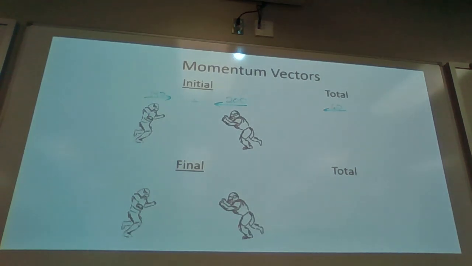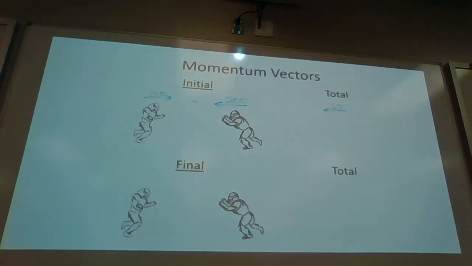Okay. Now, before we jump to the next conclusion about the final momentum total after the collision, do you think friction is present in this scenario? There's probably friction. I mean, it's real life.